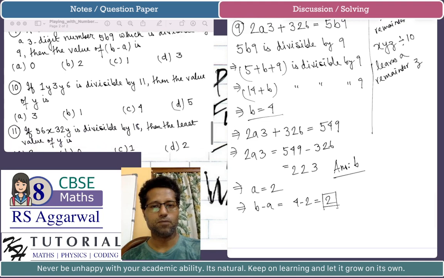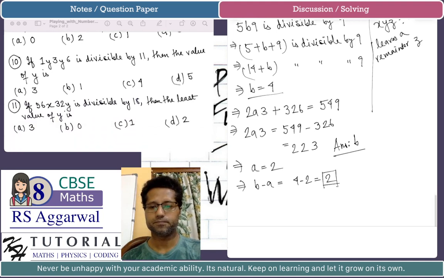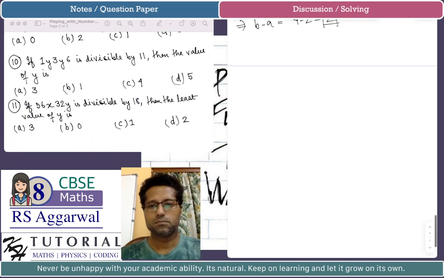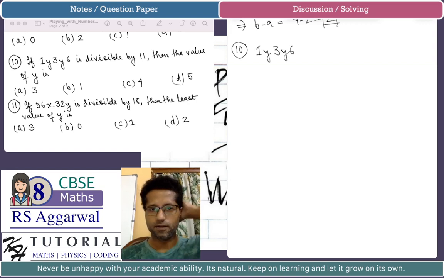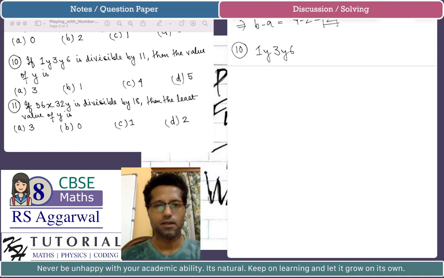Okay, let's do problem number 10. We are given a 5-digit number 1y3y6, which is divisible by 11, then the value of y is, the digit y is occurring 2 times in the given number.